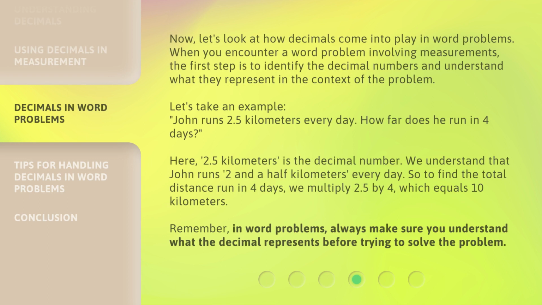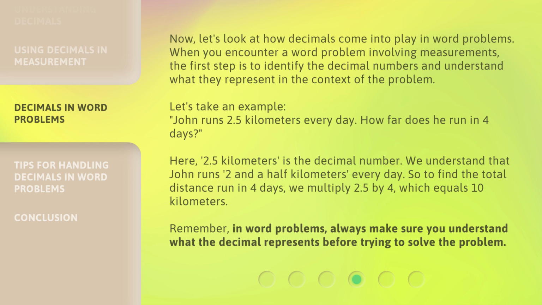Now, let's look at how decimals come into play in word problems. When you encounter a word problem involving measurements, the first step is to identify the decimal numbers and understand what they represent in the context of the problem. Let's take an example. John runs 2.5 kilometers every day. How far does he run in 4 days?